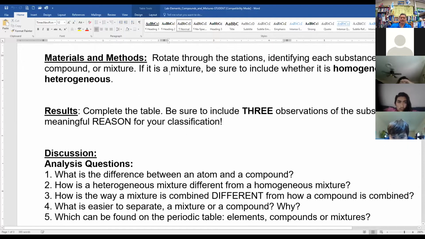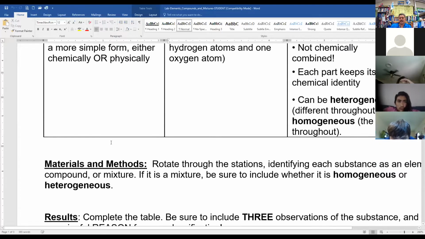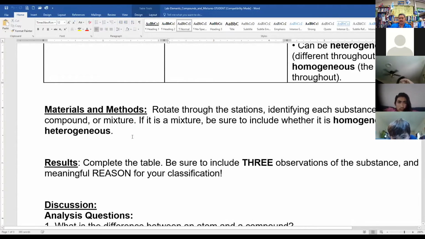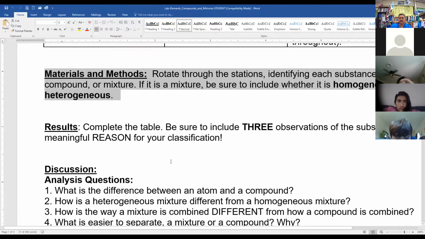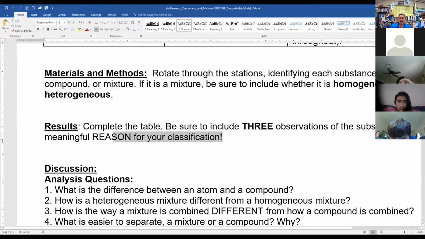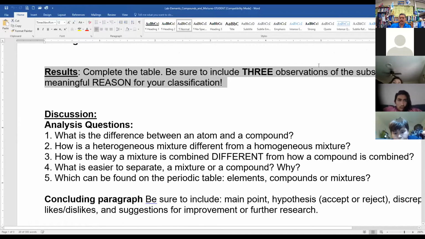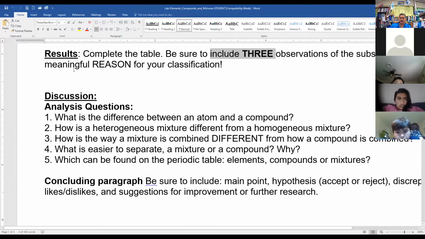All right. So if you take a look at the handout, this is about the materials and methods. Here is a reminder when you do your lab report to include the results in your table. You should have observations, 3 observations of the substance and a meaningful reason for your classification.